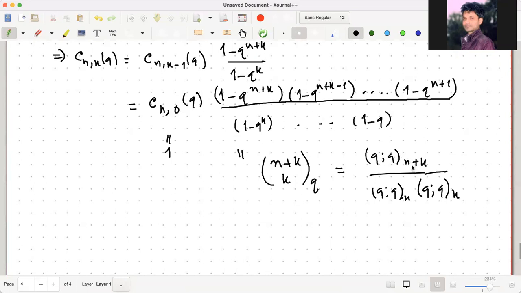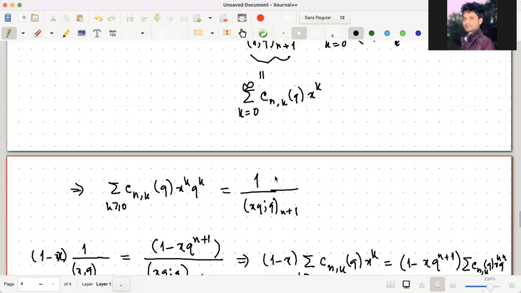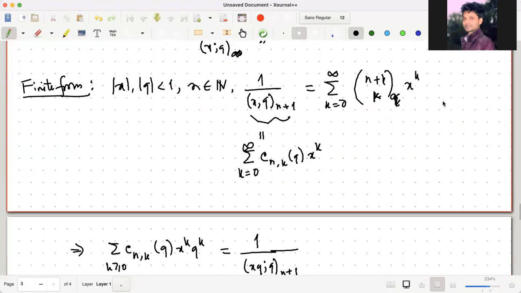This q n plus k will cancel some of these terms, which will get cancelled with q n, and whatever will be left will be exactly this. So this is exactly equal to this. And this was the coefficient of x to the power k on the sum side. So we have proved that the coefficient of x to the power k is exactly equal to n plus k choose k, q. And this is what we wanted to prove.